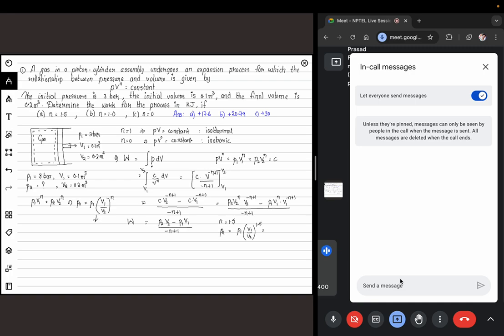So if I substitute the values, what is the value of P2 that I will be getting? I'm getting around 1.06 bar.